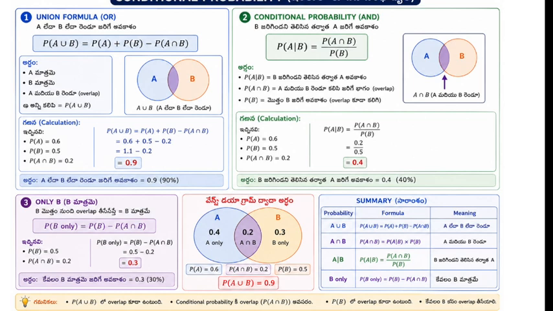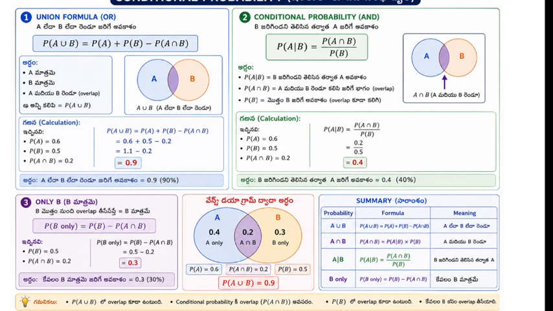Apart from that, sometimes we need to use the union formula, the probability of A union B, where we discuss the probability of A or probability of B with the formula probability of A plus probability of B. Sometimes we have to subtract the overlapping region.